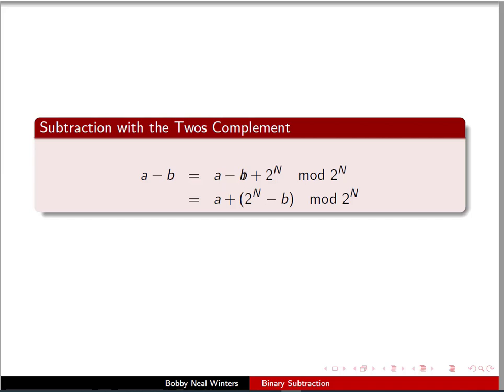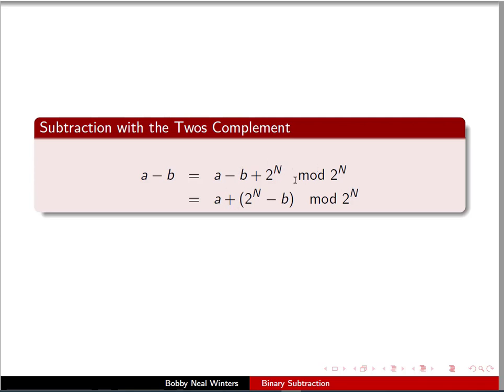Let's say a minus b is equal to (a minus b plus 2^n) mod 2^n. You may recall that when we put this mod 2^n out here, it means we're just keeping the remainder when divided by 2^n. So if I add 2^n and take it mod 2^n, it's just like I am adding 0.